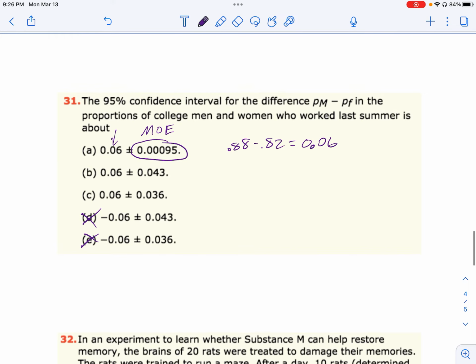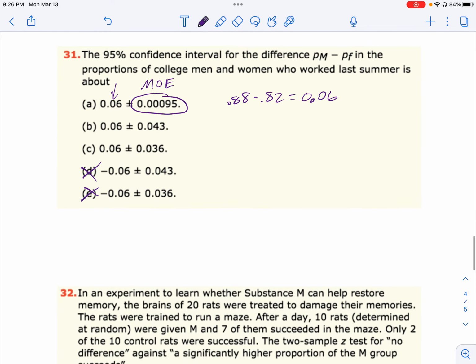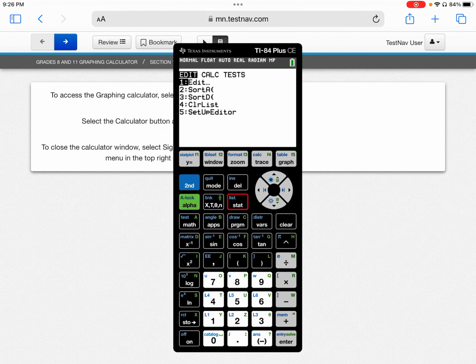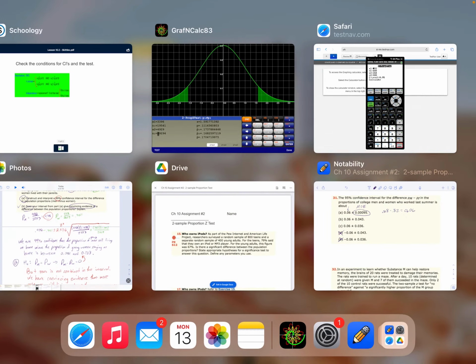Let me have my calculator give me the interval. Okay, stat tests. This is the interval button, so it's not number 6. This is the capital B button. I gotta get those numbers in there. Hold on a second.